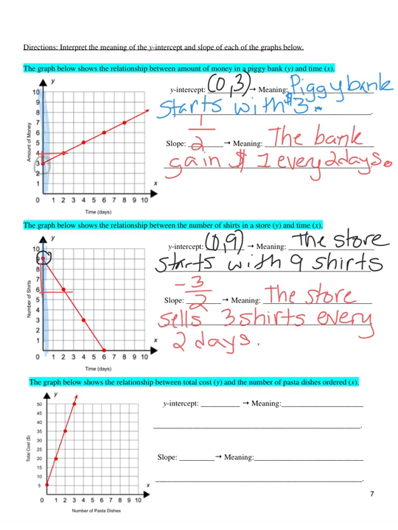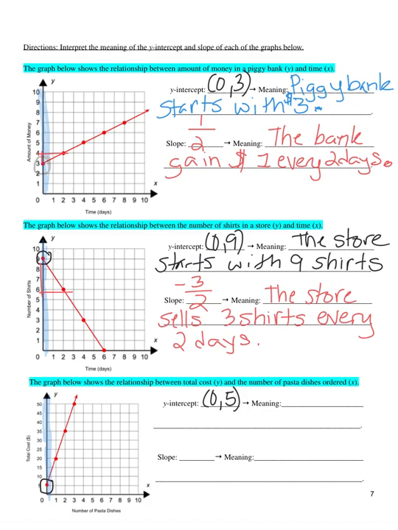All right. We're going to find that y-intercept. Find my y-axis. Next, I find the point where it crosses the y-axis, which is 5. So the y-intercept is 0, 5. What does that mean? Well, we are looking at the graph that shows the relationship between total cost, y, and the number of pasta dishes ordered, x.